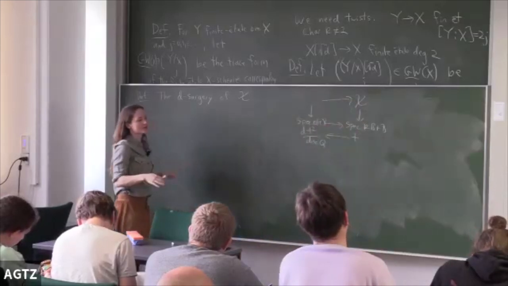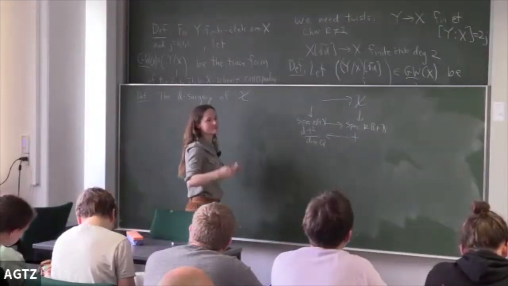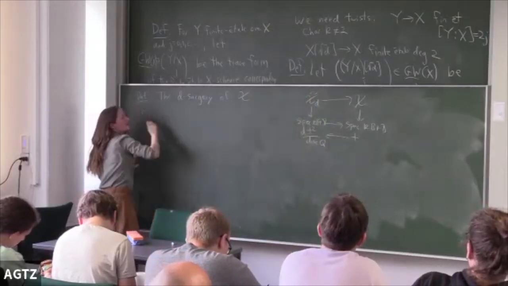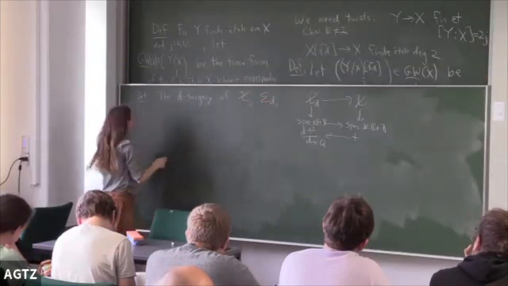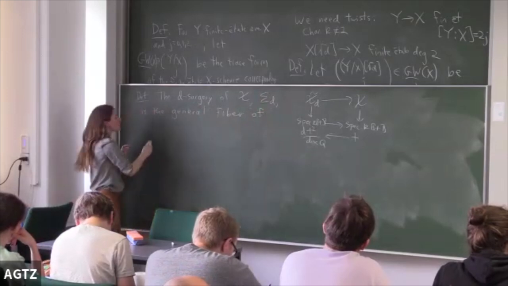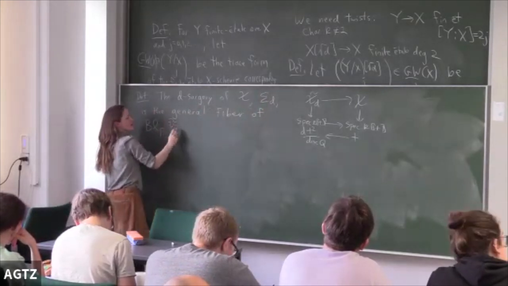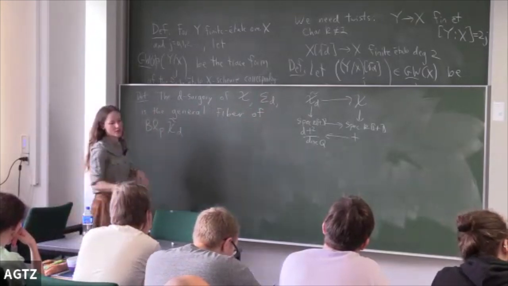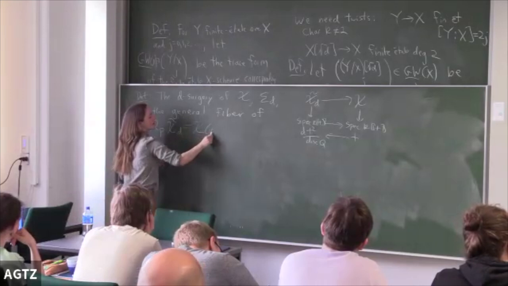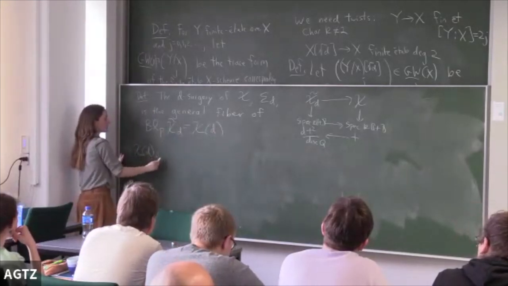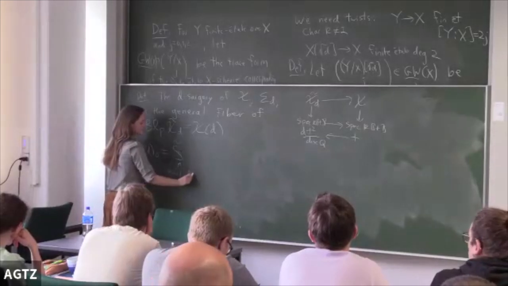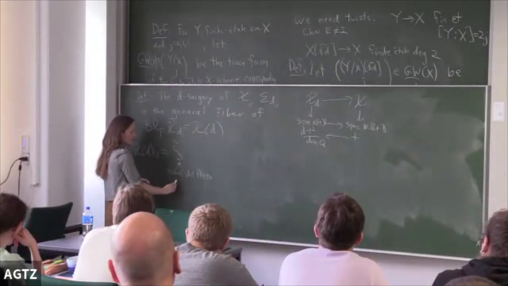This changes the kind of node so that the node all of a sudden corresponds to something with discriminant D. And then when we blow up, we've glued in a quadric of discriminant D. So the D surgery of X, sigma D, is the general fiber of the blowup at the node of X twiddle D. So the special fiber of X twiddle D, this is a Del Pezzo surface, is a weak Del Pezzo surface with a -2 curve.